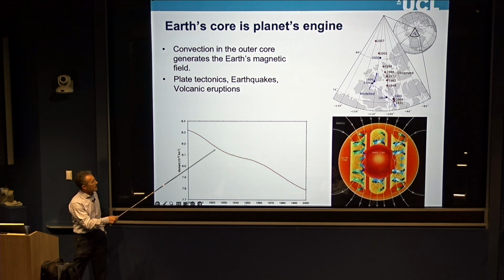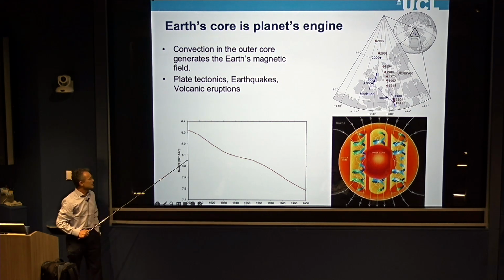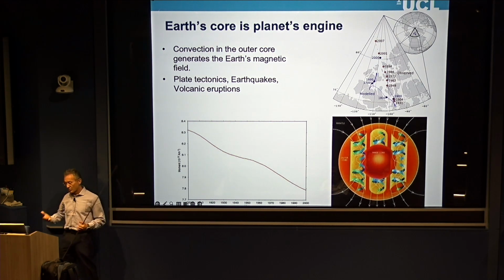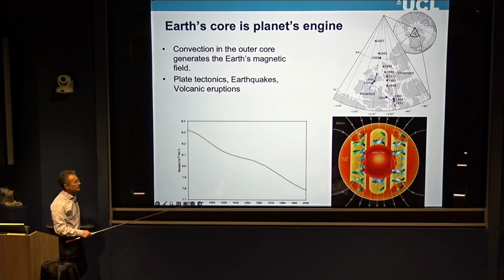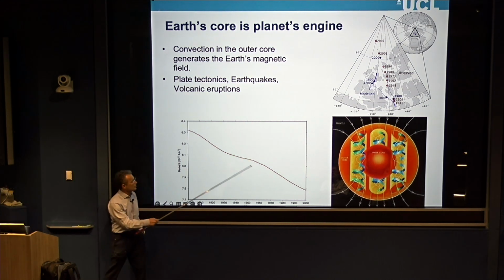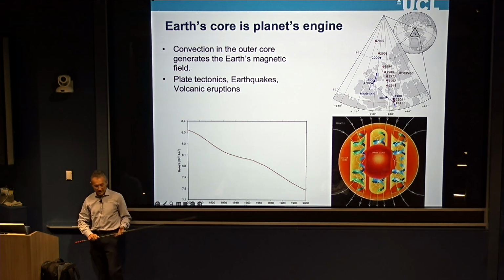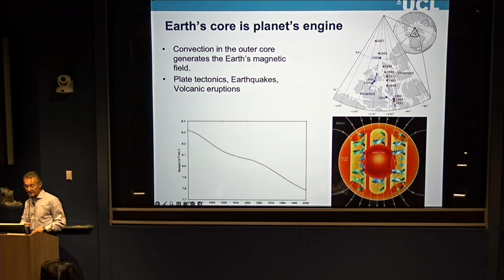What is plotted here is the intensity of the dipolar component of the magnetic field over the past 120 years. And you can see that it has dropped quite significantly, by something like 7 to 8%. So the magnetic field is decreasing.